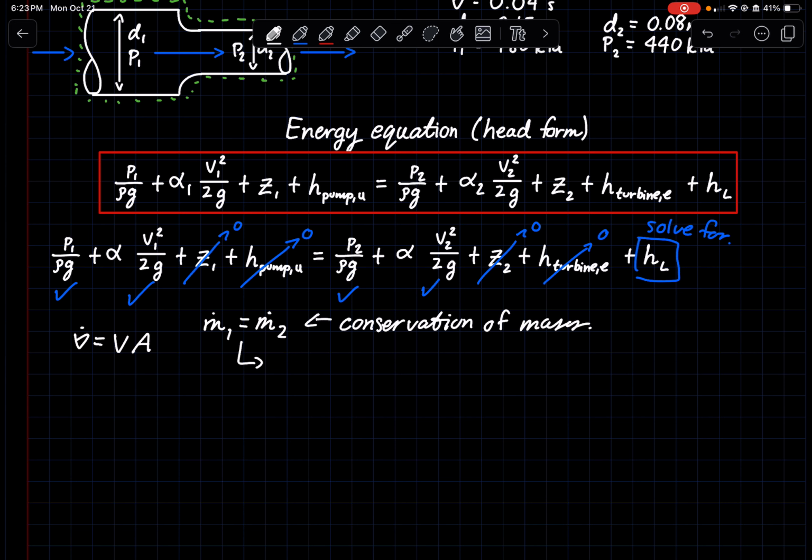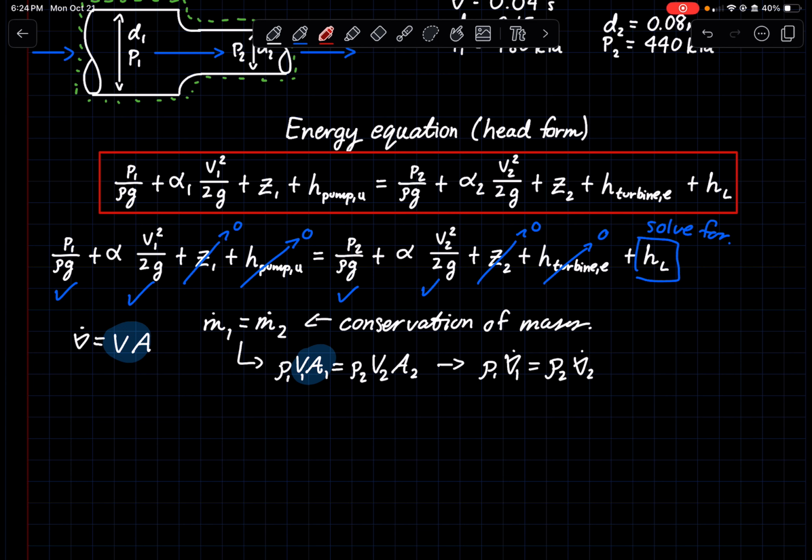Where this is rho VA, equal to, again, rho VA, but just further down the system. How we can also write this, as you can see over here, VA and VA, is rho 1 volumetric flow rate 1 equal to rho 2 volumetric flow rate 2.